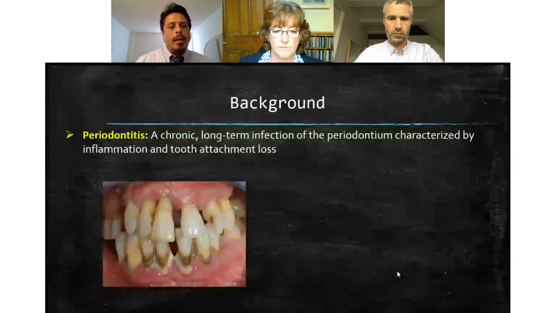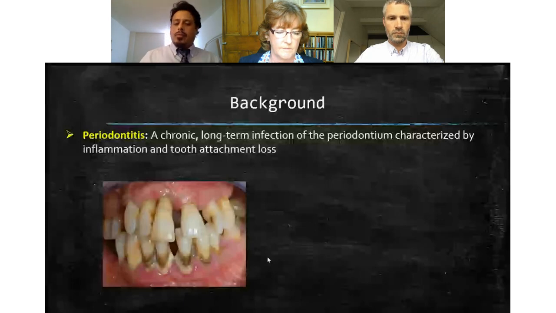So let me start with a bit of introduction for those who do not know what periodontitis is. It's a chronic long-term infection of the periodontium characterized by inflammation and tooth attachment loss. And this is manifested clinically as inflammation, bleeding, pocketing, and mobility, and can ultimately lead to tooth loss.